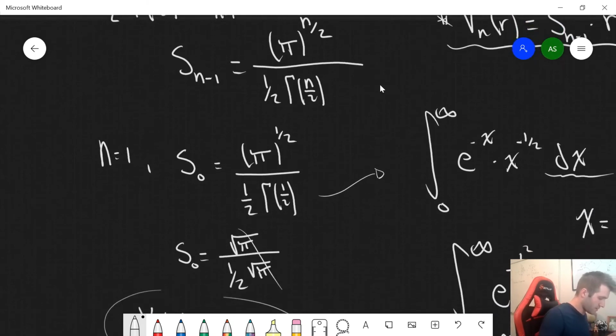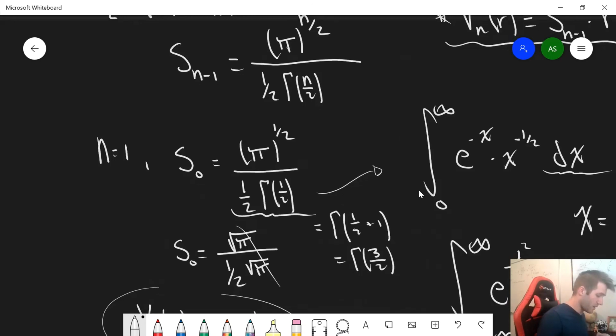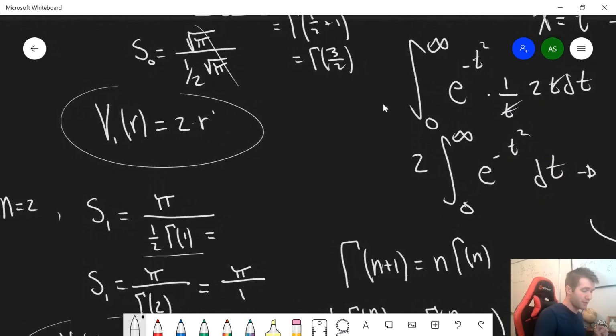So this right here, for what we solved for when n is equal to 1, well, 1/2 times gamma of 1/2 is the same as gamma of 1/2 plus 1. And that is equal to gamma of 3/2. So with that in mind, we know that this has to be the square root of pi over 2.